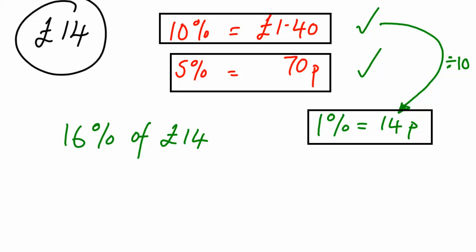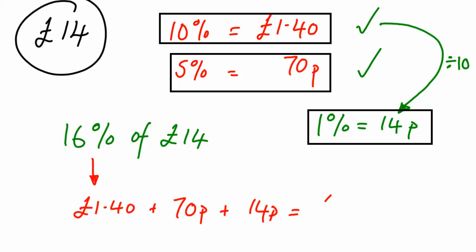So armed with these 3 building blocks, to work out 16%, I would take my answer to 10%, I would add on my answer to 5%, and I would add on my answer to 1%. And those 3 values would give me the answer to 16% of £14, which is £2.24.